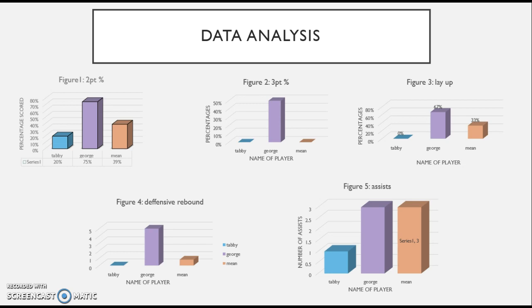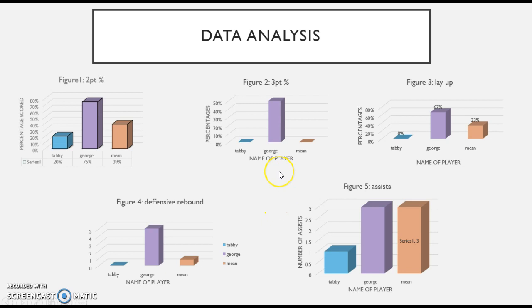Because the mean was 39%, the overall scored was 12, and then 19 missed, and 31 overall. So this shows that obviously George was above average and Tabby was below.